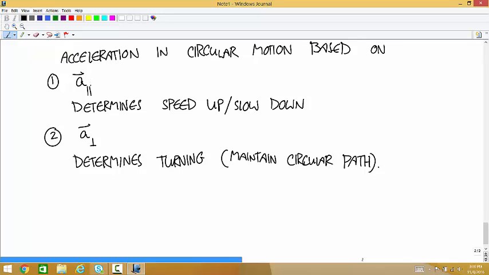We're going to give new names to these. The main ideas don't change. So all the stuff that we've been doing in lab with the parallel part of the acceleration and the perpendicular part, those ideas are still the same. But now we're going to call this parallel part the tangential acceleration.